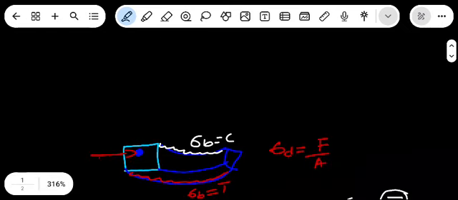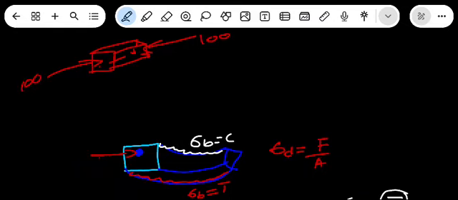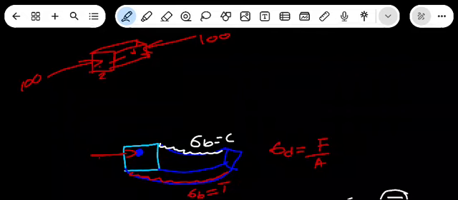Remember, from your N5, if you are given a bar like this, and the bar experiences a force acting on this side, let's say 100 Newton, and the width here is 2 and the height is 3, how do we calculate the stress?